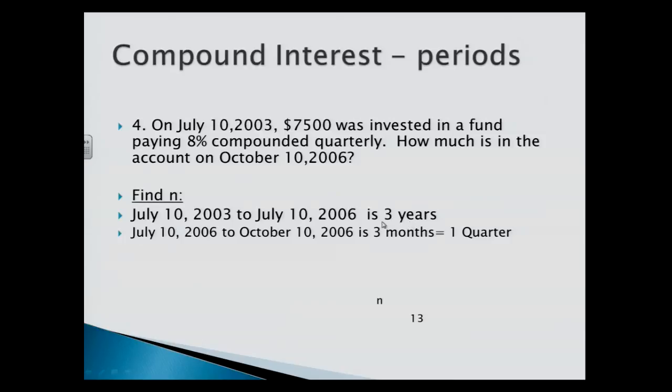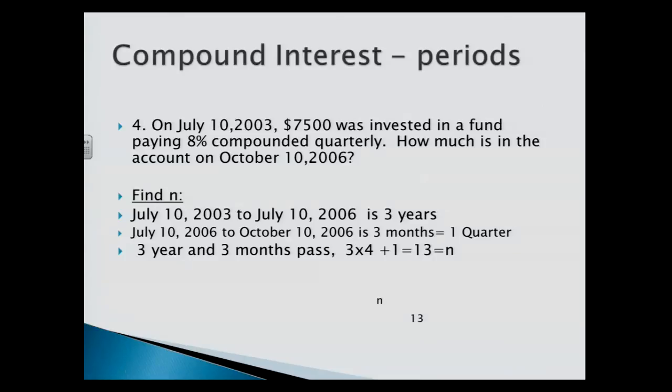I said it's quarterly, so you multiply it by 4. Three times 4 is 12. And then there is one more quarter from July 10th, 2006 to October 10th, 2006.